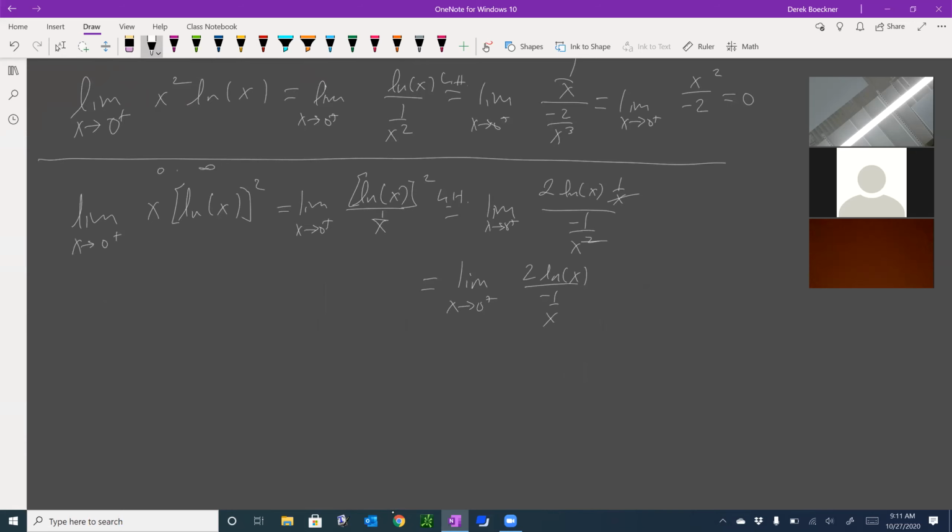And then I get to do the exact same thing, L'Hopital's rule. Two times 1 over x, and then I've got a plus 1 over x squared again. And now this is going to be the limit as x goes to 0 of 2x, which is equal to 0 still.